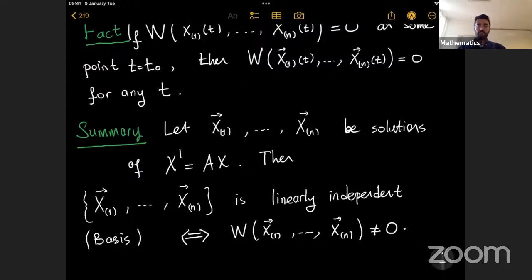Because of the fact above. So to show that we have a basis or not, we need to check the Wronskian. If the Wronskian is non-zero, even at some point, it's a basis. Otherwise, it is not a basis. Is that clear?